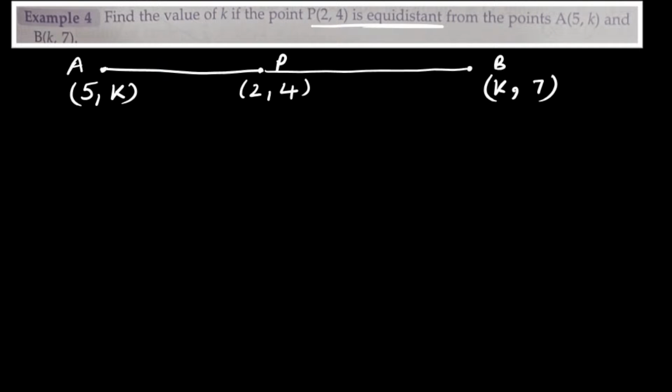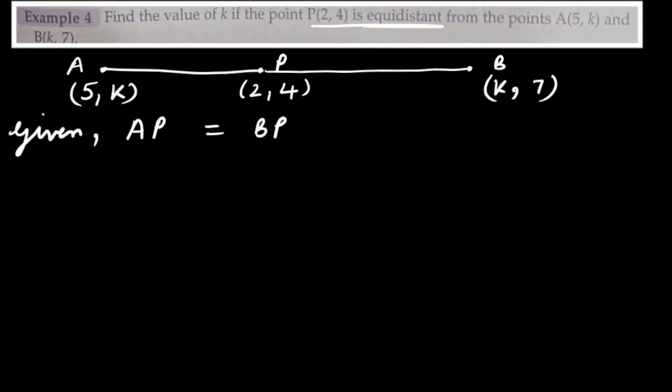If you draw it and do it, it looks nice and there will be fewer chances of making mistakes. What is given to us here? It's given that P is equidistant. I can write that AP distance is equal to BP distance. We can find both the distances and equate them and find the value of K.